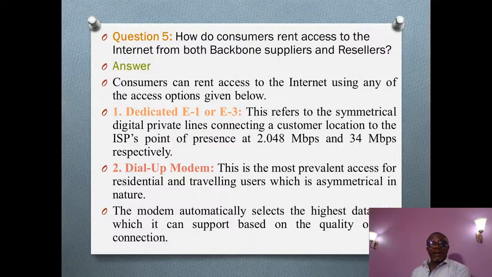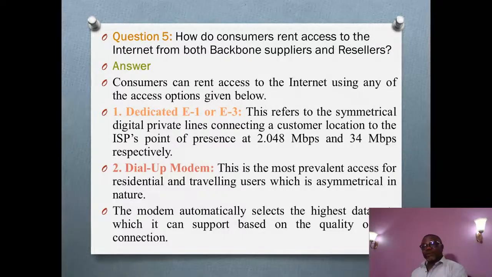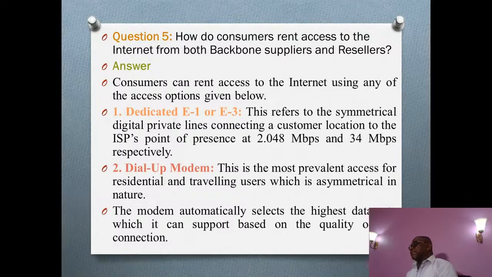One, we have what is known as the dedicated E1 or E3 service. This refers to the symmetrical digital private lines connecting a customer location to the ISP's point of presence at 2.048 Mbps and 34 Mbps respectively.